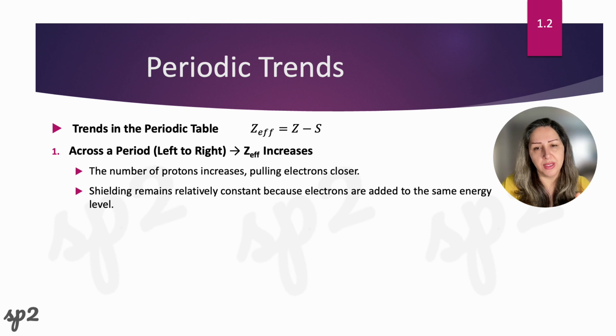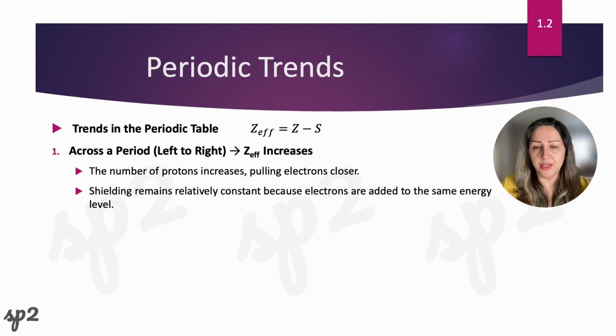We also have the S value here, but that stays almost the same, because S represents your core electrons. If you think about your electron configuration, for all of the elements on the same row, the previous noble gas represents the core electrons, and that stays the same. So almost no change in S, but Z is going up, and therefore when you take the difference, it must be increasing.